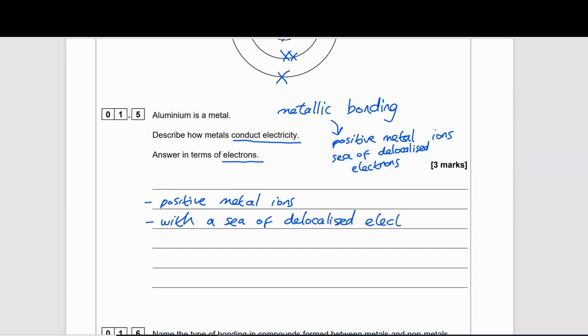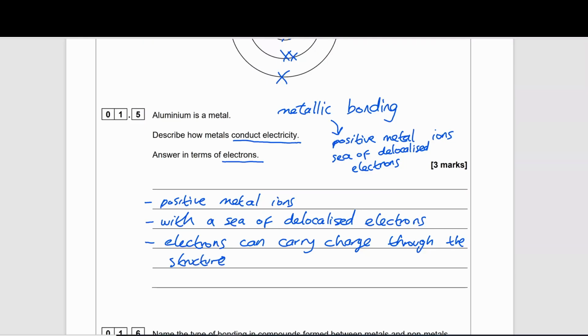So what does the word delocalized mean? It means free to move. So if the electrons are free to move, what are they able to do? They're able to carry the charge. And they can carry the charge through the structure.